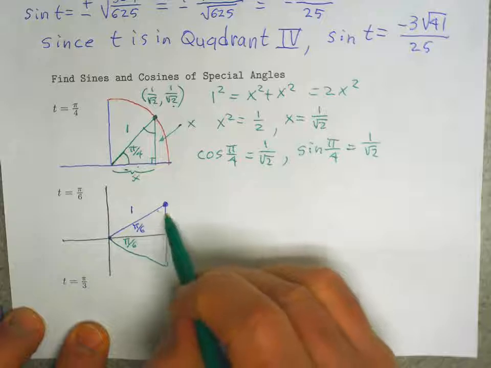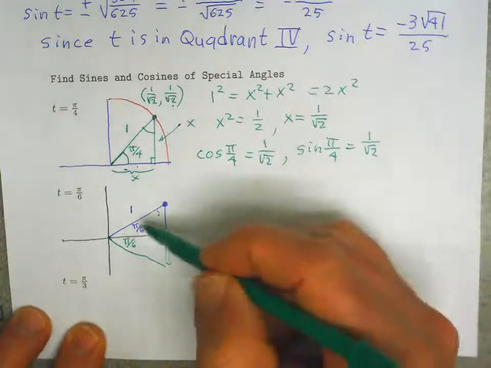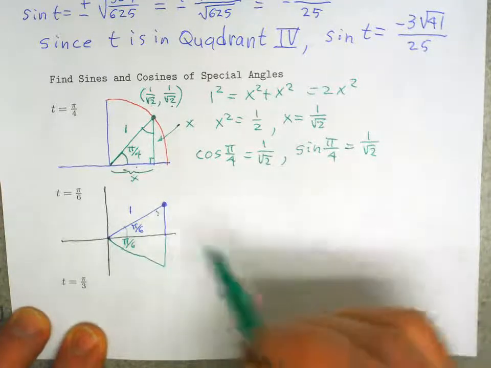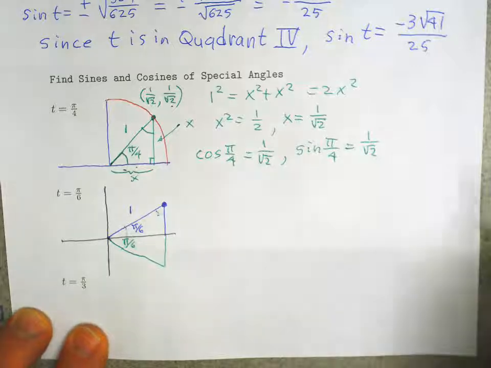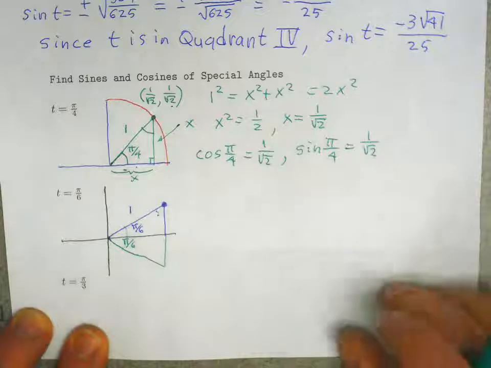This angle up here is pi over 3. And this angle altogether is pi over 3, so 60 degrees. So what we have is an equilateral triangle.